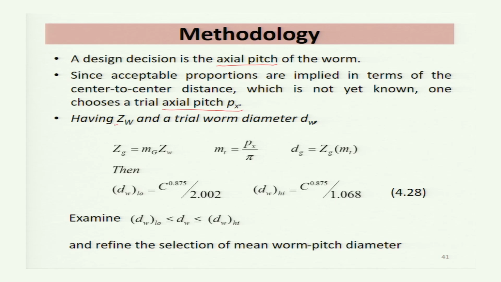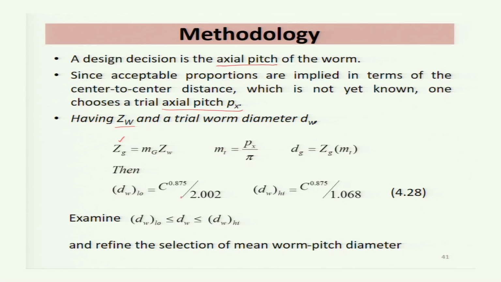Okay. So having ZW, the number of threads or starts on the worm, and a trial worm diameter dW, we get ZG from this formula, and the transverse module by this.